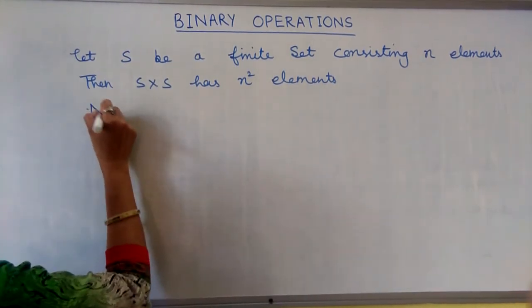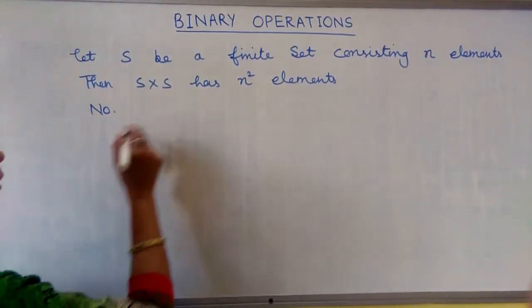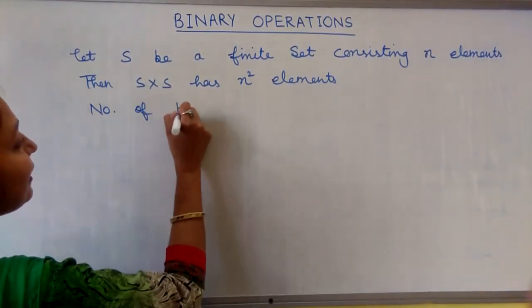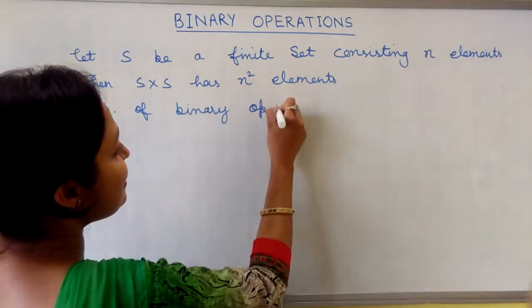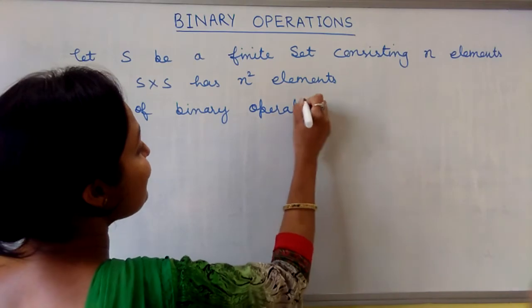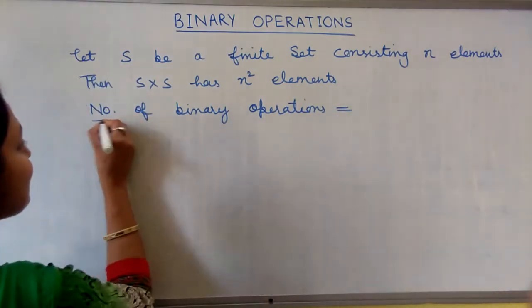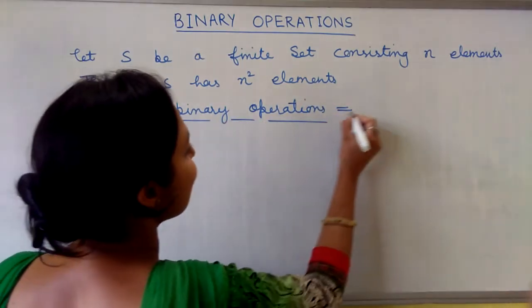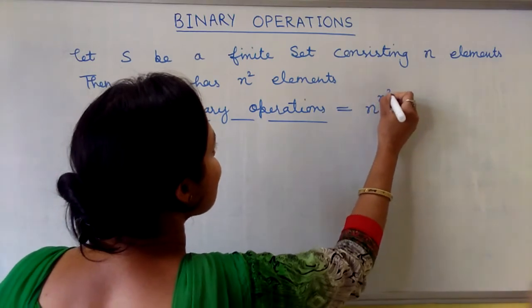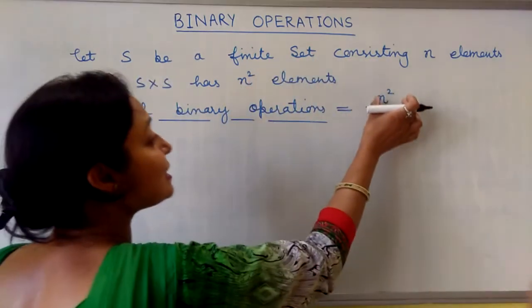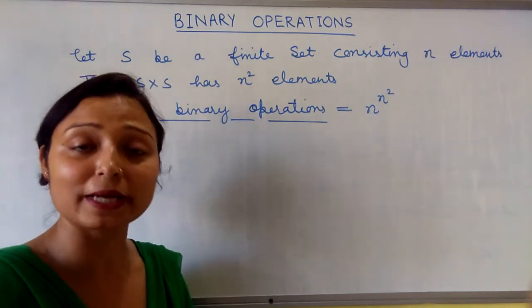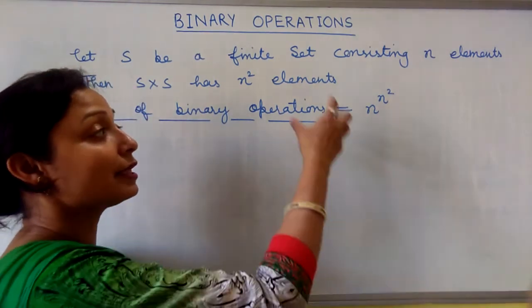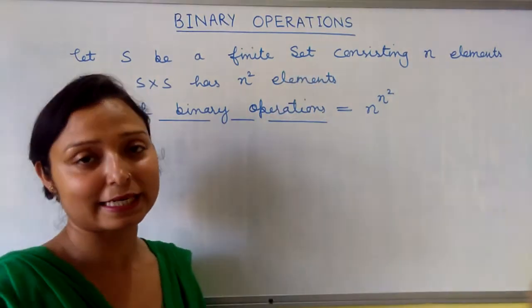Then the number of binary operations on S is n raised to the power n squared. That means the number of binary operations depends on the number of elements present in that set.